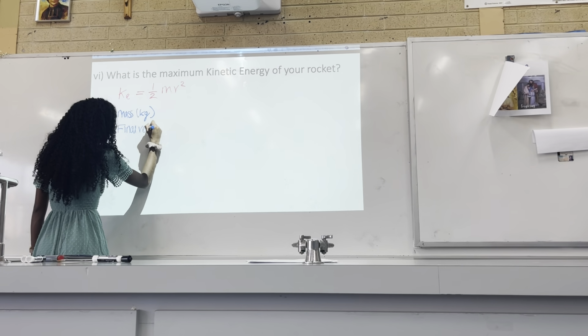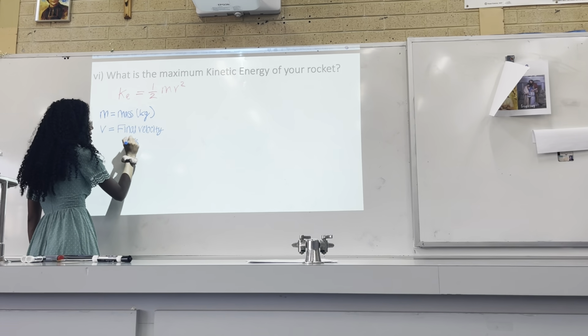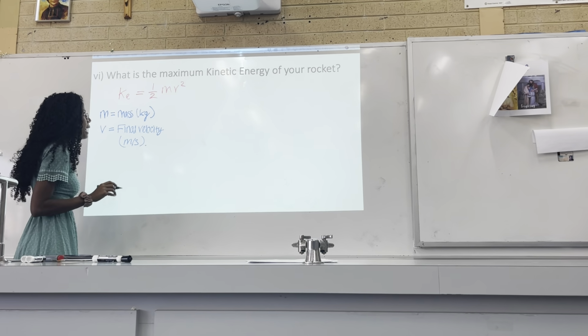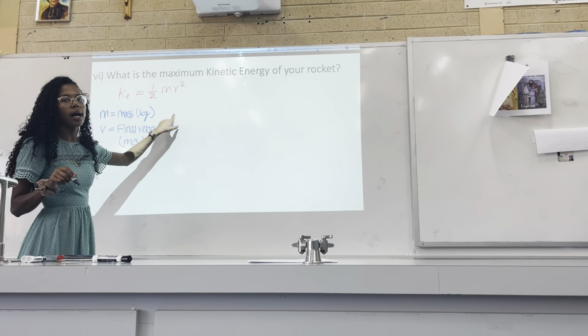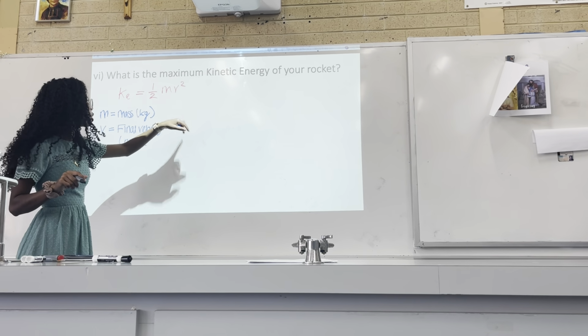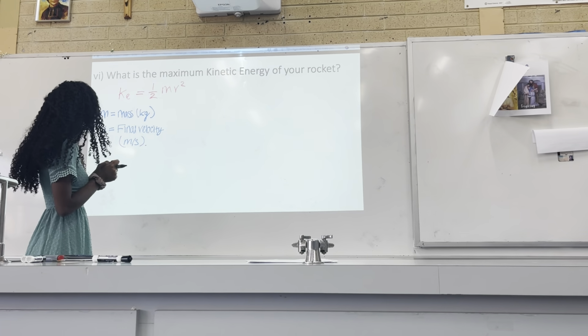Final velocity measured in meters per second, okay? And half is just referring to dividing that by half, or to find the average, or to times it by a half as well to find that average, okay?